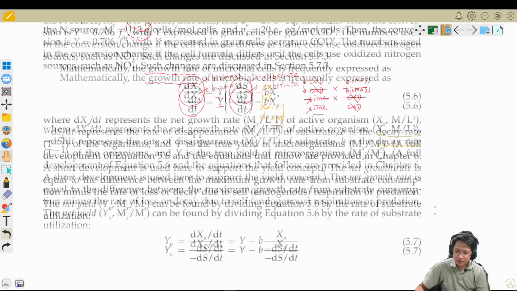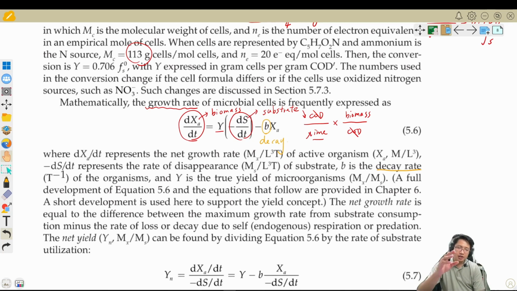Okay, so basically you can get the true yield, or how much of the cell is growing within your bacteria, based on the stoichiometry reaction balancing. Okay, for our next part, we are coming to discuss the overall reactions for biological growth here.